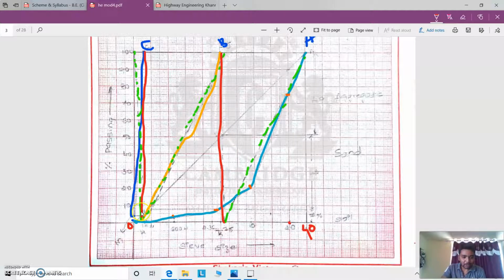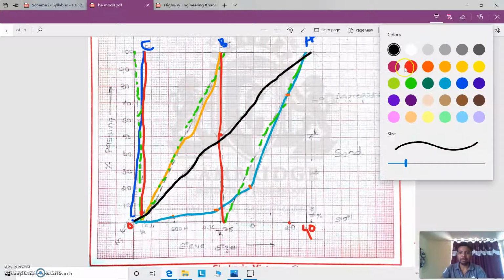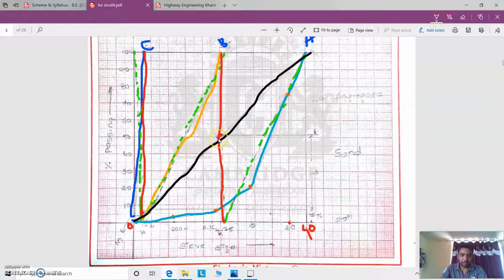Here it is cut at this point, and again it is cut at this point. That means this diagonal line is cut at particular points. At this point it is cut, and that will be erected to the x-axis, and at this point it is cut, and that will be erected to the y-axis.